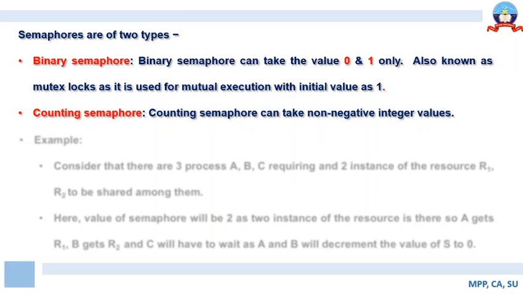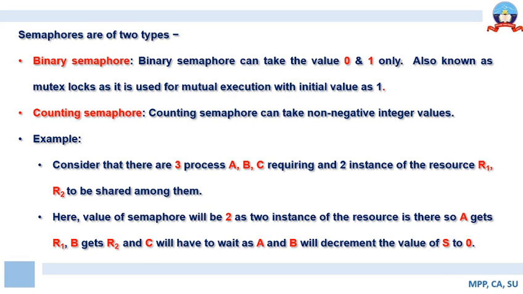Counting semaphores are semaphores that can take any non-negative integer value. Here I have taken up an example for counting semaphore. Consider that there are three processes A, B and C requiring resources, and there are two instances of resources R1 and R2 to be shared among them.